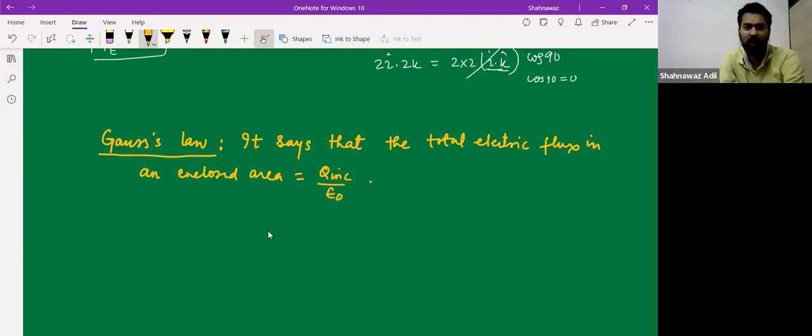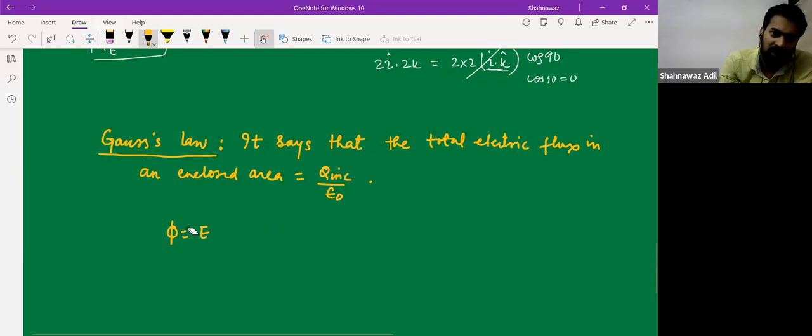So this is what Gauss says, that phi is Q enclosed by epsilon naught, right?